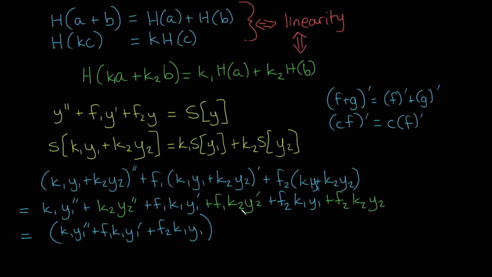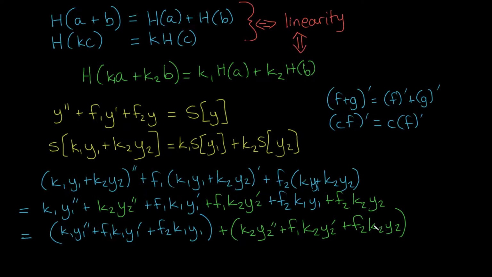It's a lot of subscripts, I know, but roll with it because we're about to finish. Now we say this is the same as k2 y2 double prime plus that first function times k2 y2 first derivative plus f2 k2 y2 with no derivatives.